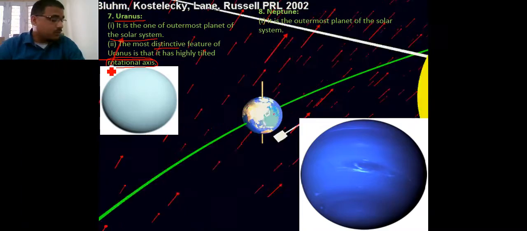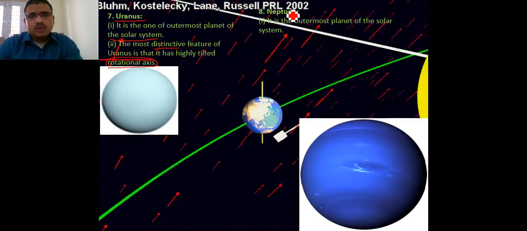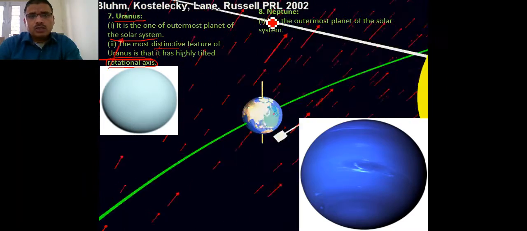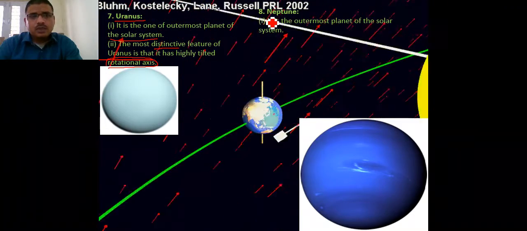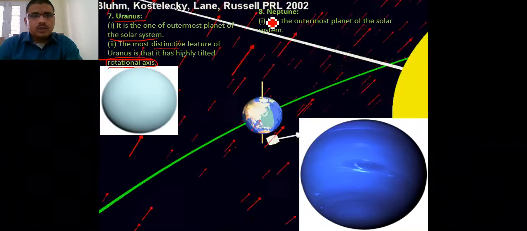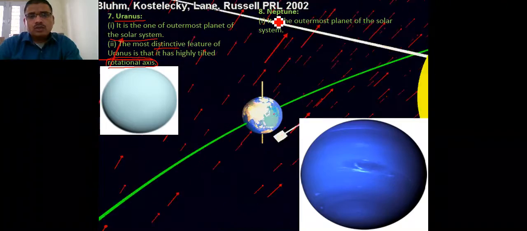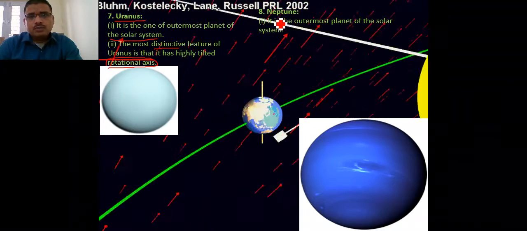Here there is only one characteristic which you have to remember. We are not talking about all the planets in detail, just providing information so that you can understand what these planets are all about. When we talk about Neptune, it is the outermost planet of the solar system.